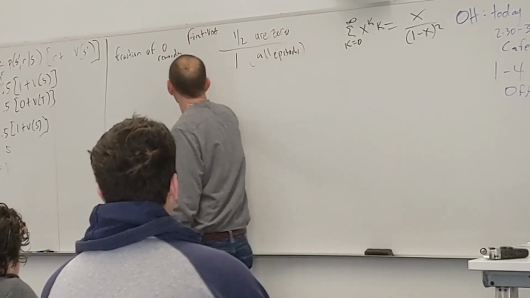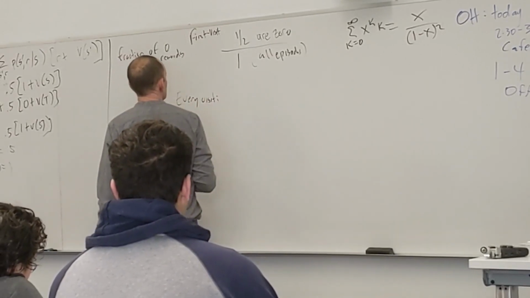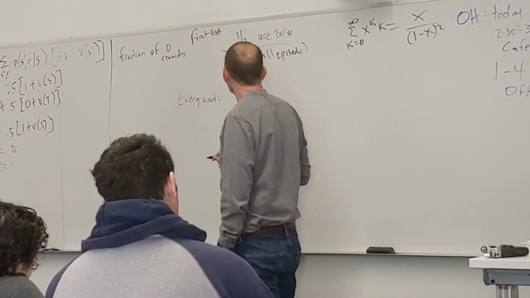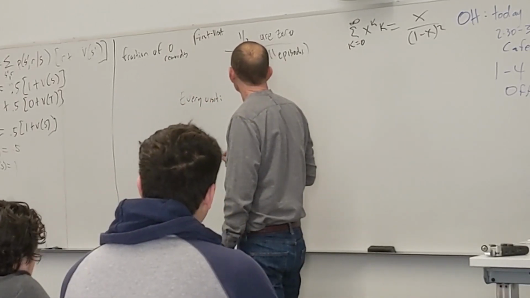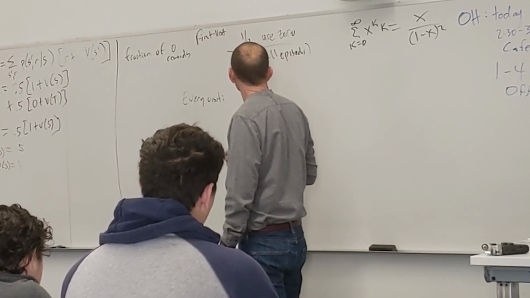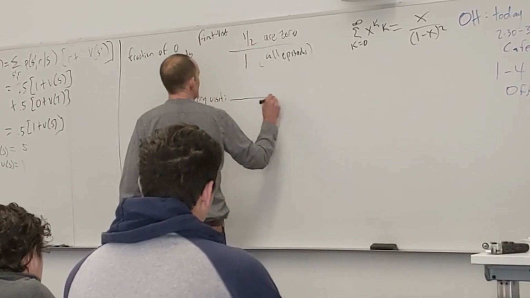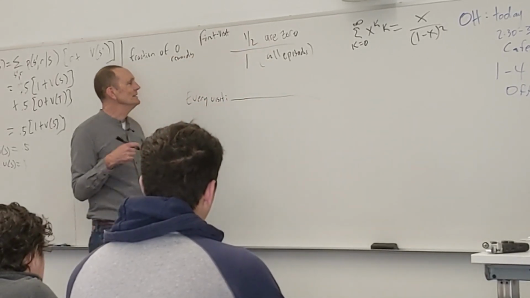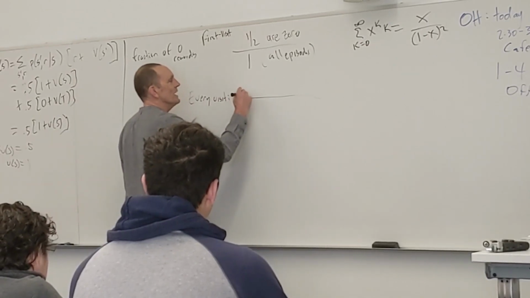This is the first visit. And in the every visit, let's see. Let me look at how I was looking at this. So I think what I was describing on Wednesday was in terms of episodes.